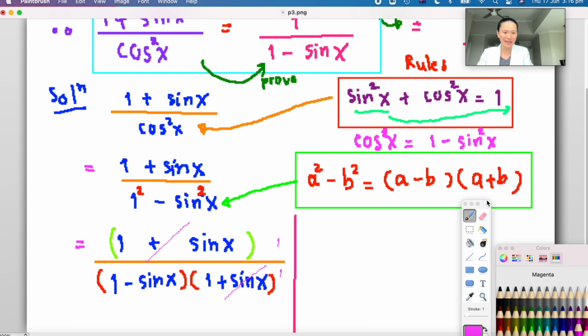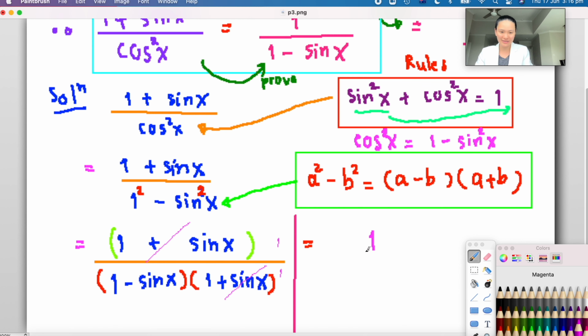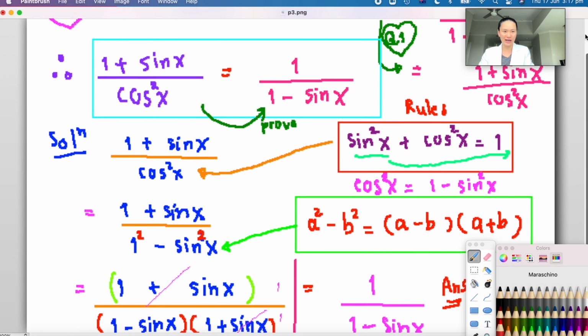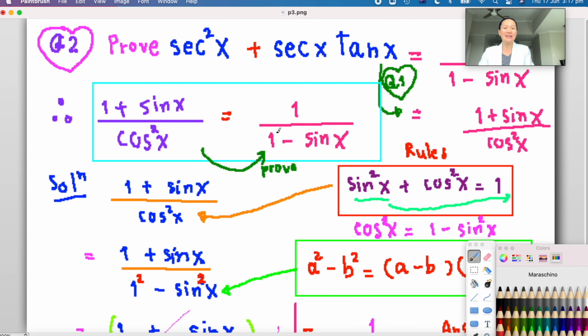So now you got the answer straight away. Your answer equals 1 divided by (1 minus sin x). And this one is your answer. Let's see whether we have done it correctly. Go up here: 1 divided by 1 minus sin x.